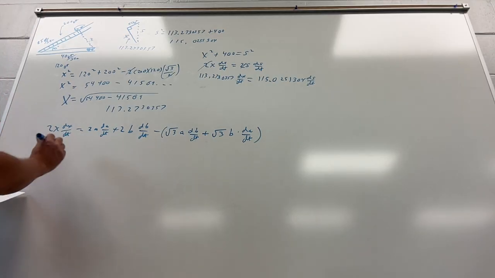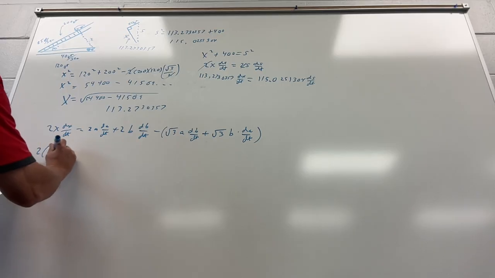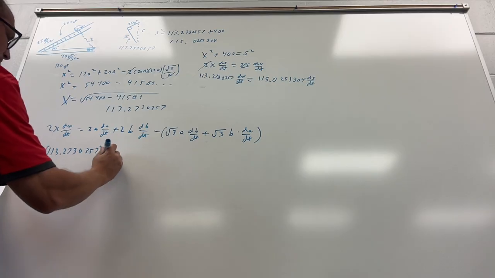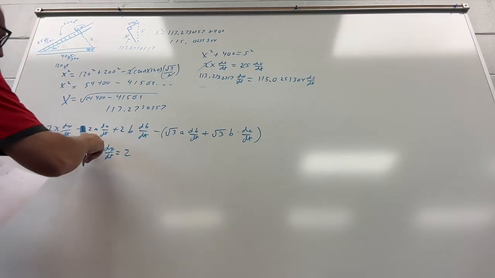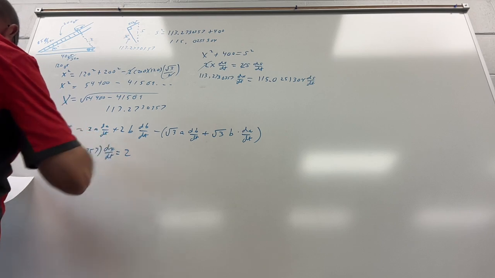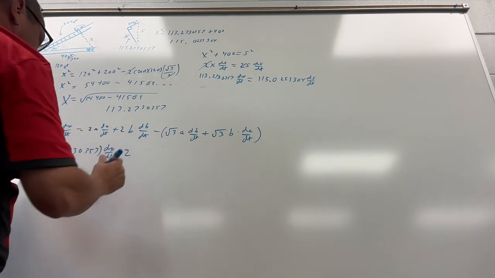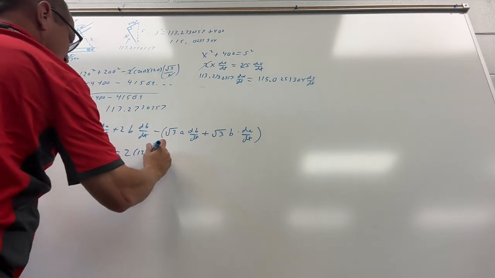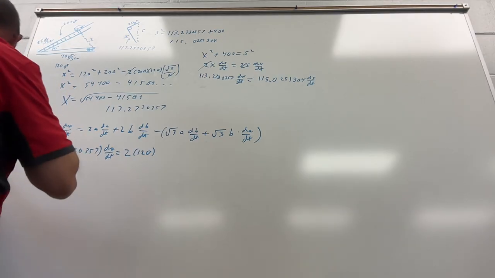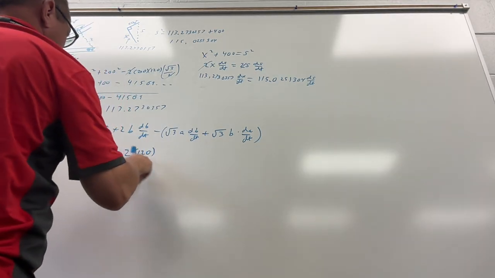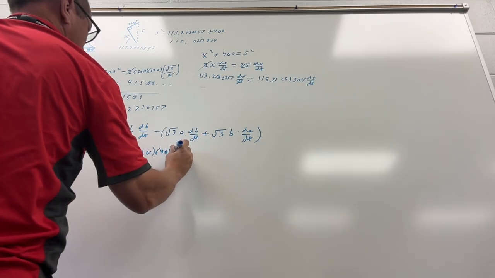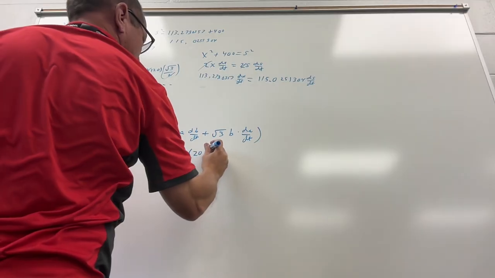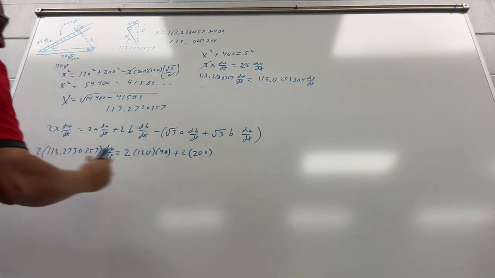So we've got 2 times 113.2730357 times dx/dt equals 2 times A, where I'm calling A 120, times dA/dt, which is 40, plus 2b, which we're calling 200, times dB/dt, which is 25.